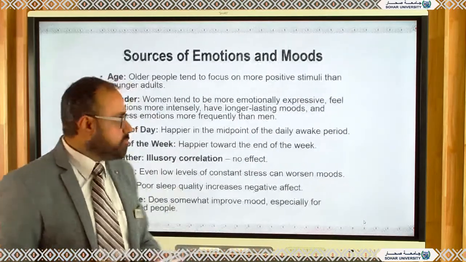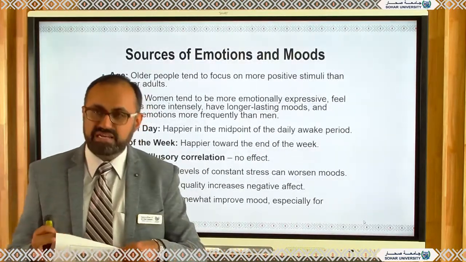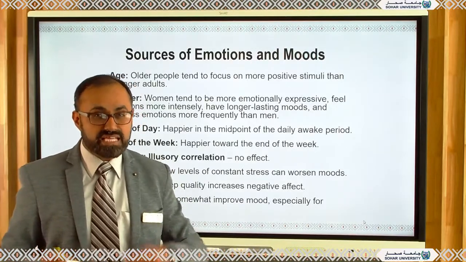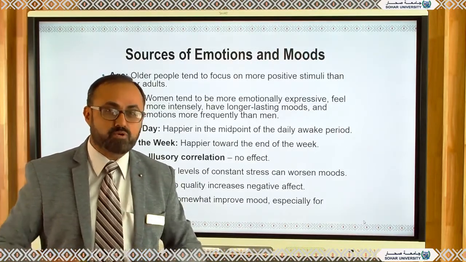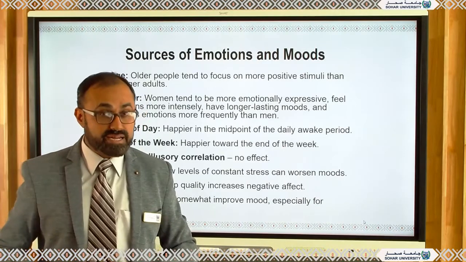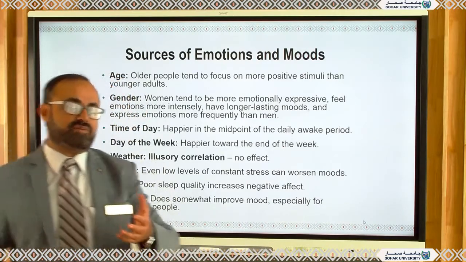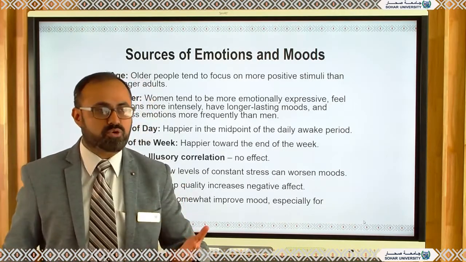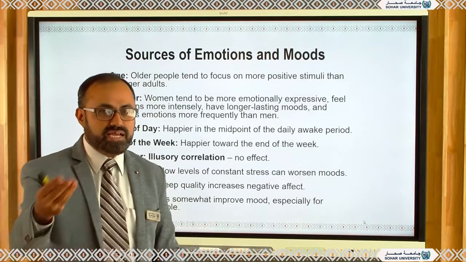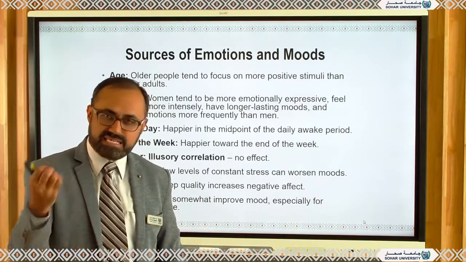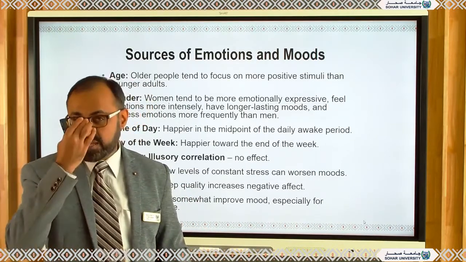So what are the sources of moods? Let's discuss this. For example, your age. With age, you see your grandfather might be losing his temper at you, but in the Quran it is there for you to be patient with old people. Similarly, young people are less tolerant in their young age.